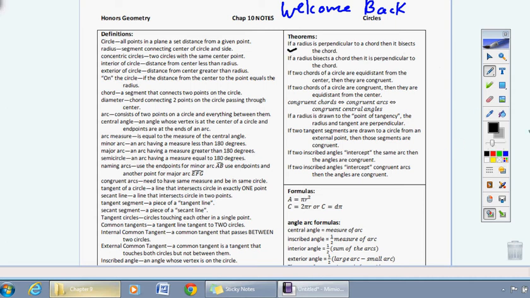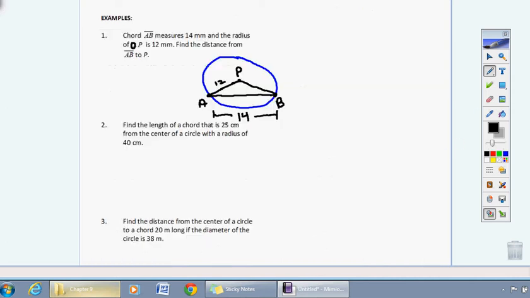The reason we're going to use that is, I have this radius PA and PB, but if I were to draw another radius that's perpendicular to this chord, that means that it also bisects the chord. And if it bisects the chord, then this distance would be 7 and this distance would be 7.